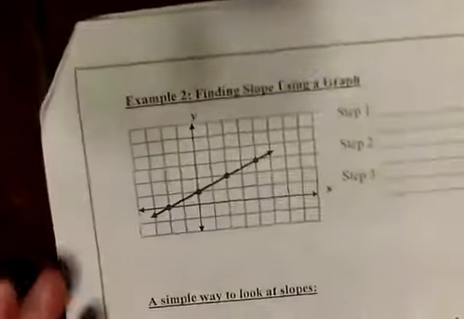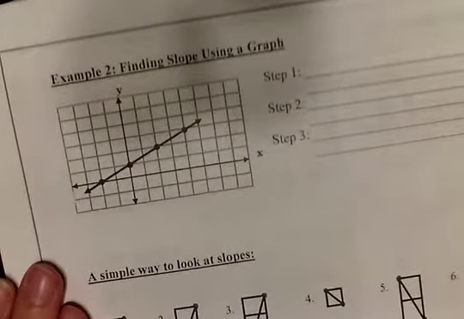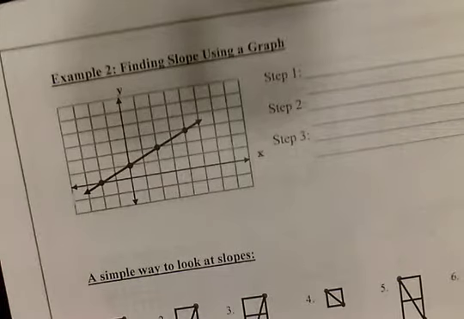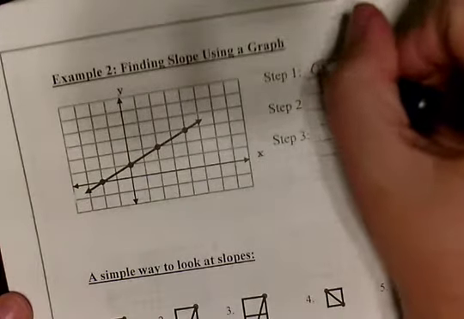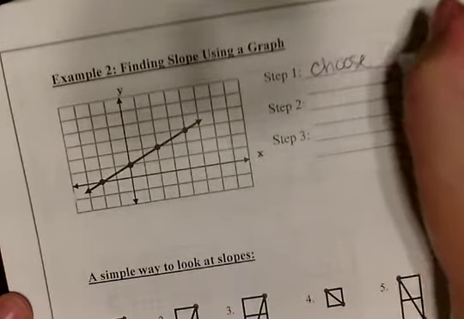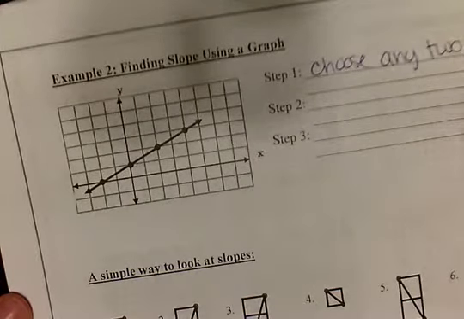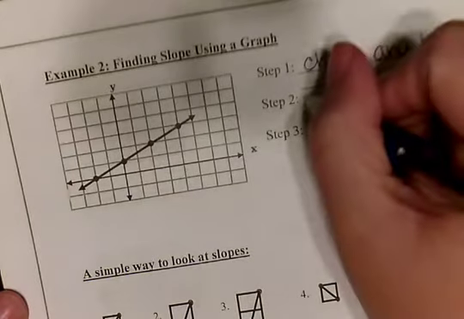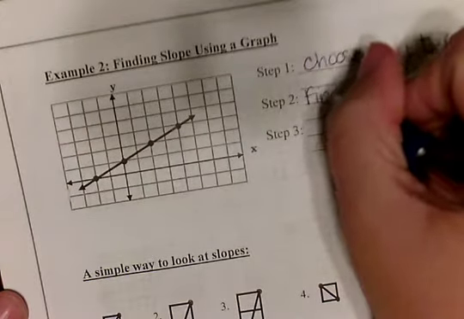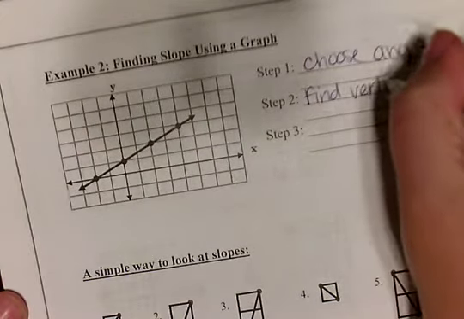Now, finding slope using a graph. Choose any 2 points. Then you are going to find the vertical and horizontal change.